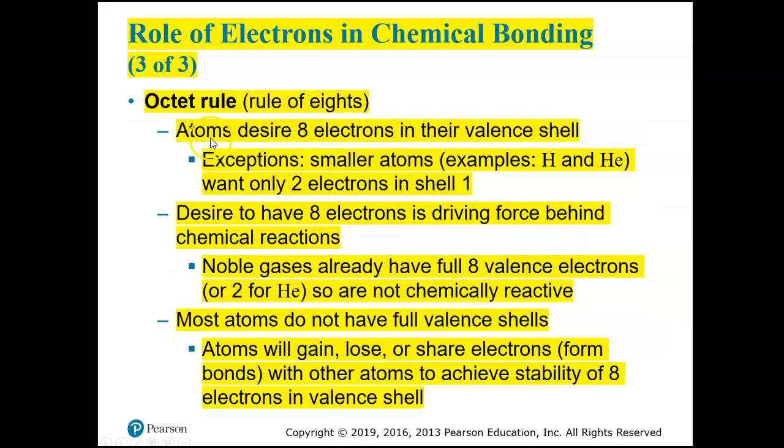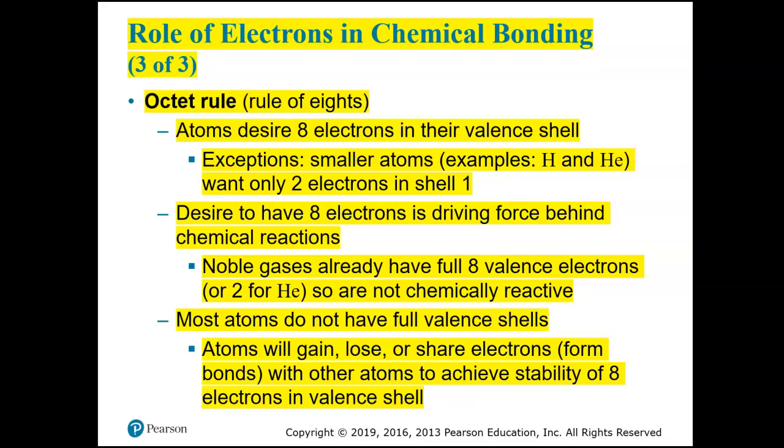You do need to know the octet rule, or rule of eights. We're not going into as much detail with this topic as you would in chemistry, but you have to have a basic knowledge. The octet rule says that atoms desire, and desire is a strong word for an atom. I don't know what atoms actually desire.